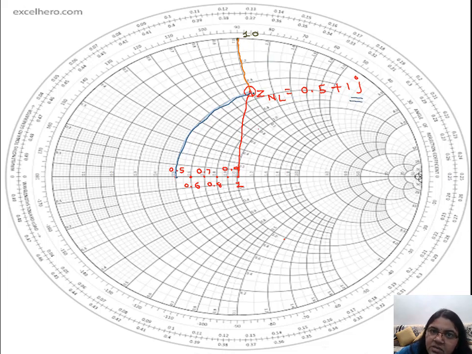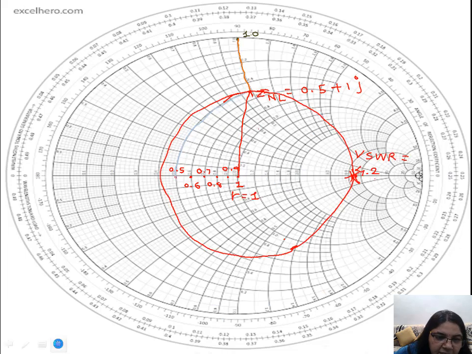What I need to do is draw the line from this point 1, the constant resistance R equal to 1. Take the radius of this 1 to ZNL, draw the circle, and the circle will cut at some point. That's nothing but the VSWR, so it gives me the VSWR value.